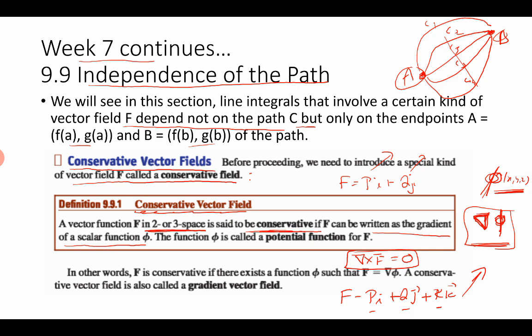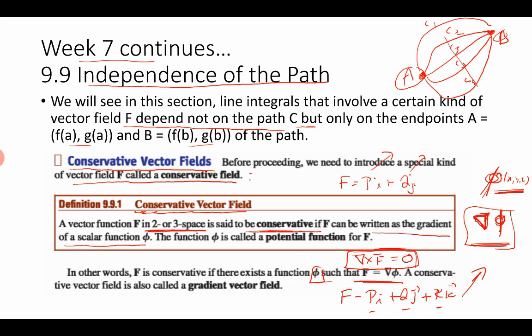Another way you can verify is that the cross product of the vectors del and F is 0, isn't it? In other words, if F is conservative, then there exists a scalar function phi such that F can be expressed as the gradient of the scalar function.